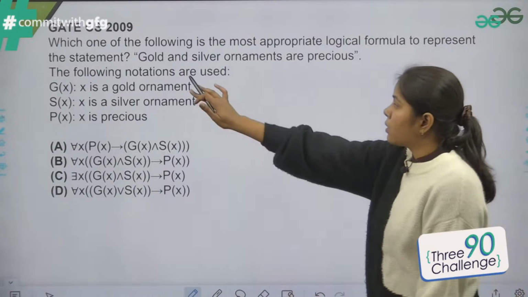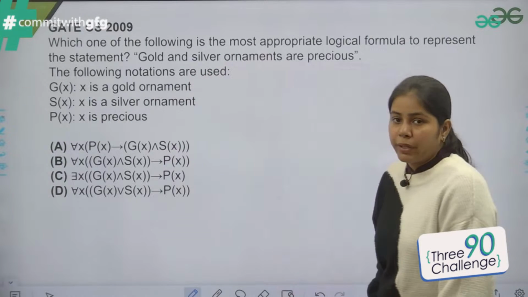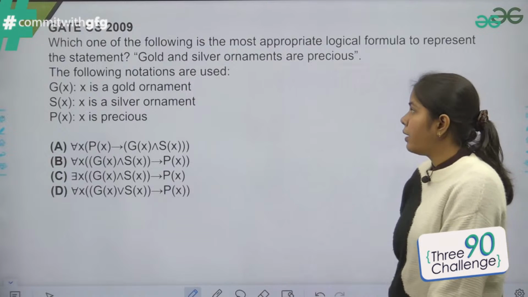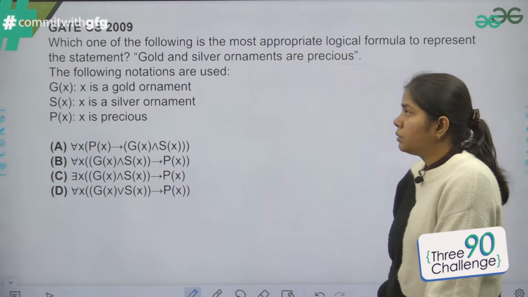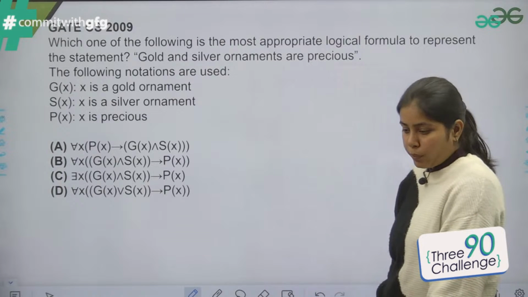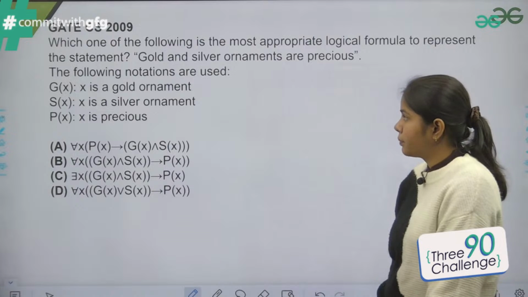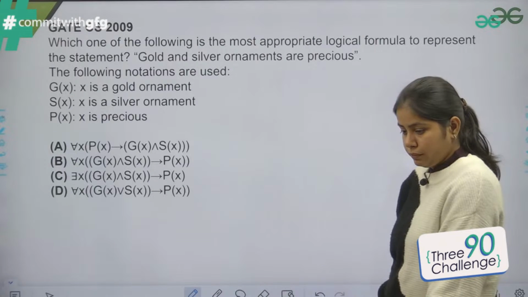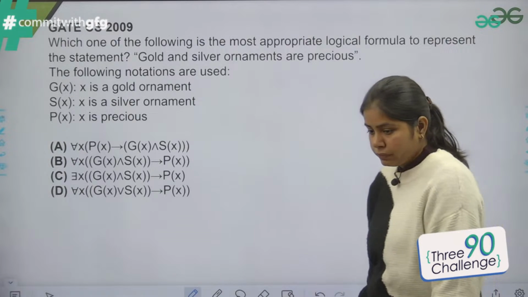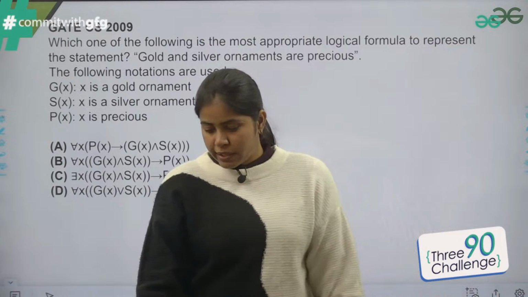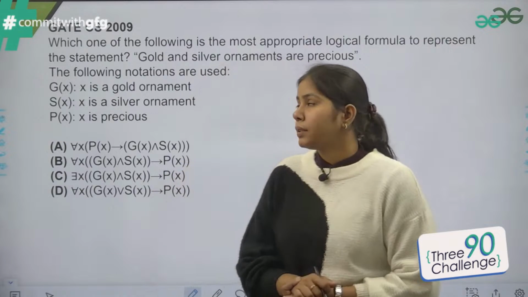So here they are saying gold and silver ornaments are precious. So we have to use the quantifier to get an appropriate formula. Just tell me guys which one of the following is correct.